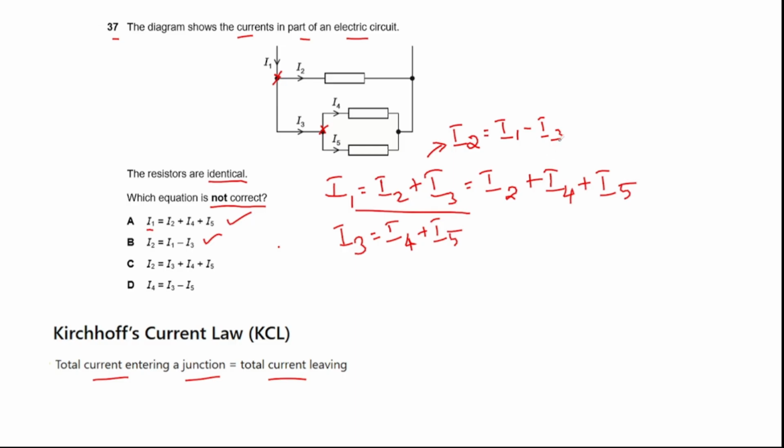Even if you substitute I3 as I4 plus I5, there is a minus over here. There is no minus, so this is the wrong one. Then option D is I4 is equal to I3 minus I5. You can rearrange this for I4, giving you I3 minus I5. So this is also a correct option. So the answer is C.